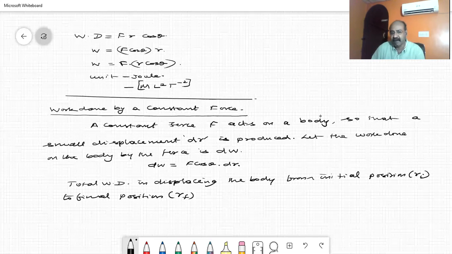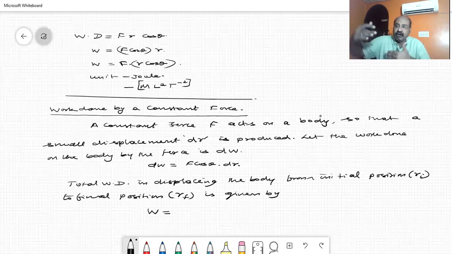So now I am calculating the total work done W in order to displace the body from the initial position Ri to the final position Rf. So what is the total work done? Let us consider the total work done as W.